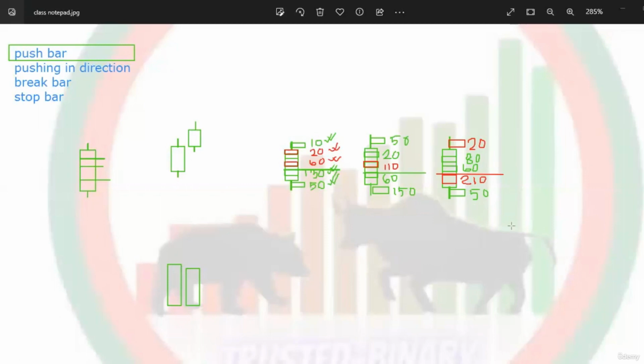So try to understand a little more easily. Think that it's an uptrend market, and the market is now going up. Suddenly we get a candlestick like this type.